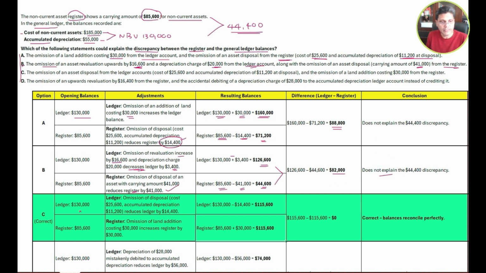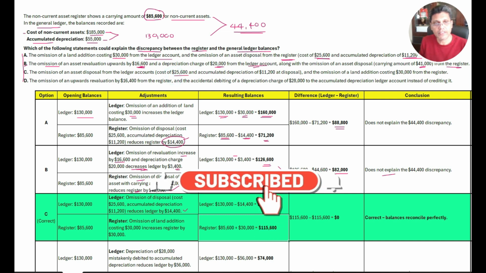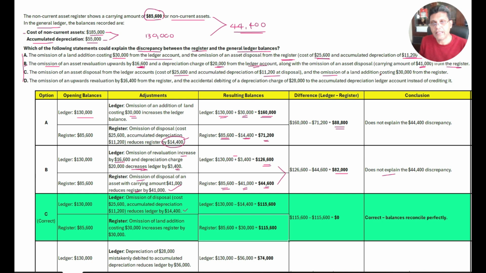Now let's move on to part C. The omission of an asset disposal from the ledger account, the cost was 25,600, accumulated depreciation 11,200 at disposal, and the omission of a land addition costing 30,000 from the register. Now when you look at the ledger, the asset disposal was omitted from the ledger.